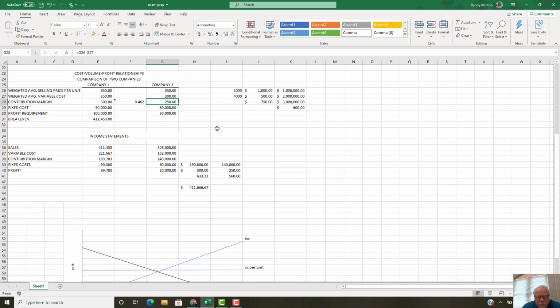I urge you to take some time and walk through cost volume profit relationships again, because they're very important to you going forward, not just for this class. Cost volume profit relationships, if you understand how they work, then you're able to do contribution pricing. So for example, once I have my break even, let's just take a practical example here. Let's look at this guy, okay?